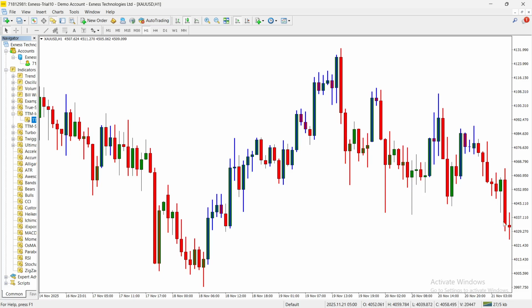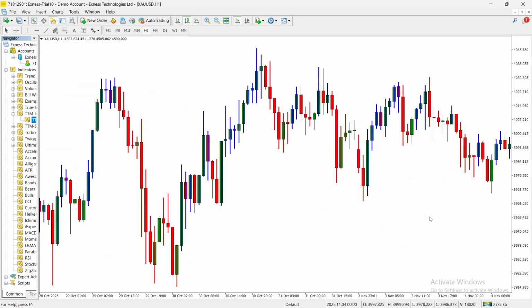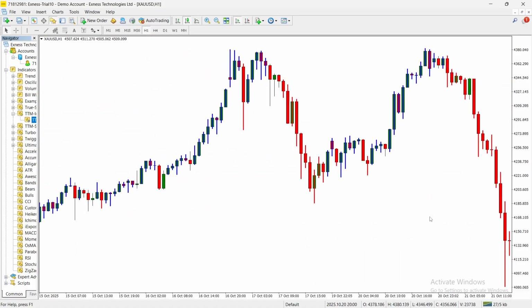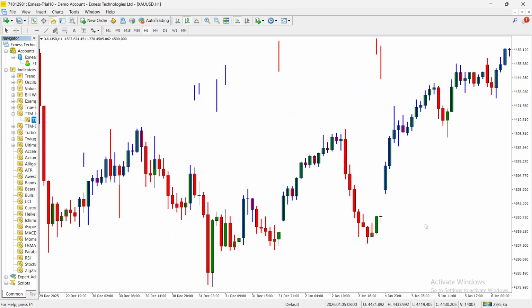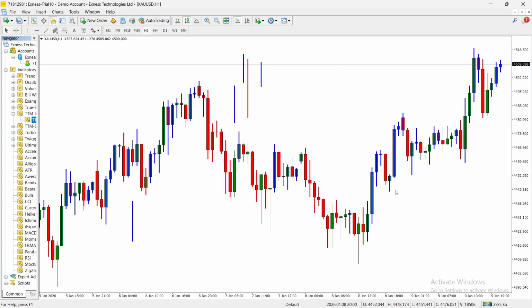The indicator provides visual signals on the chart such as buy and sell lines to help traders identify potential entry and exit points, and it can be customized to suit the trader's individual preferences and risk tolerance. You can see how it looks on the chart already.